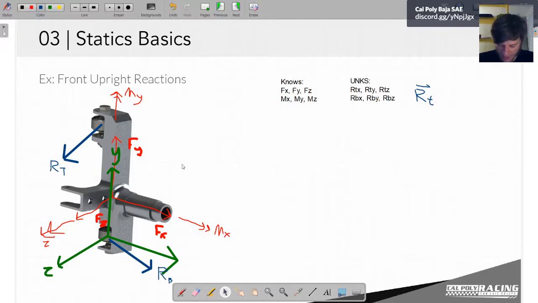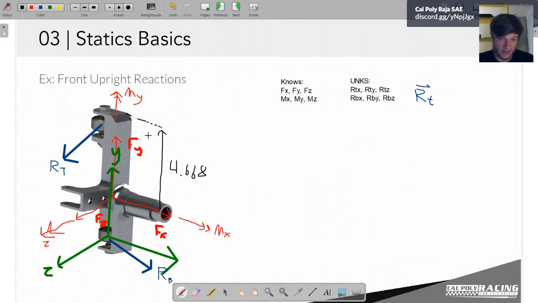So the last dimension that we'll need is the distance from the spindle to one of these points. What I happened to measure was from the spindle to the top one. So this distance here, I'll draw that in black. That distance is 4.668.